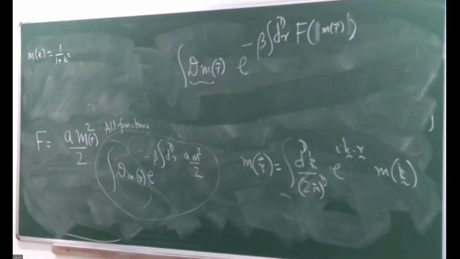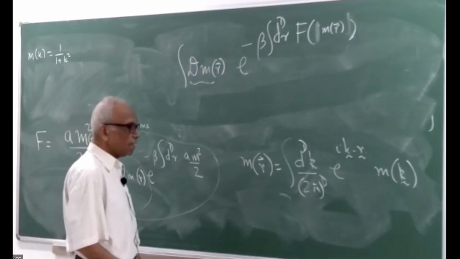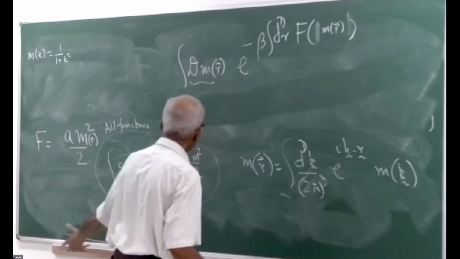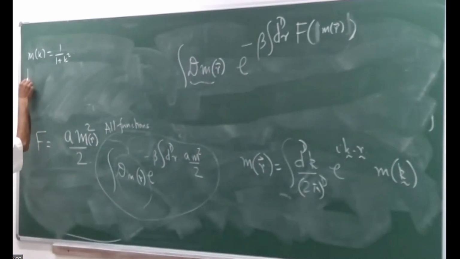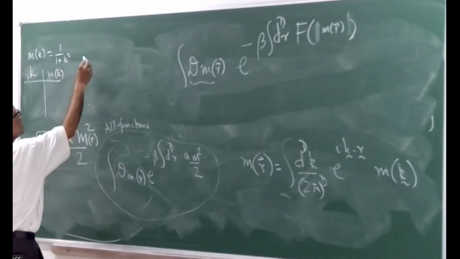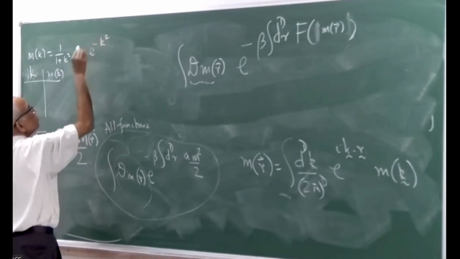So I take a function 1 over k square, and you can make a list of numbers, k over here and m of k over here. All right. So now take another function m of k, which let's say is e to the power minus k square.